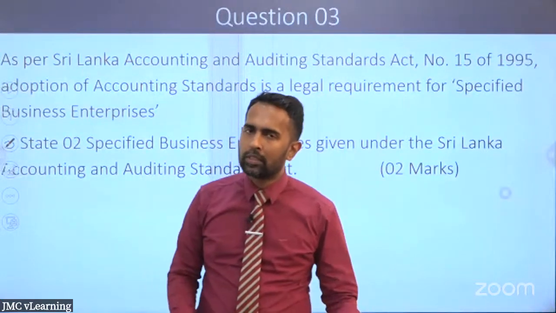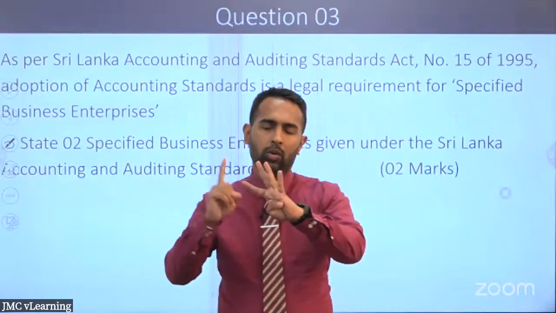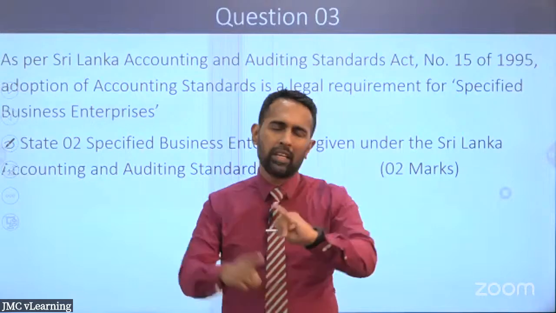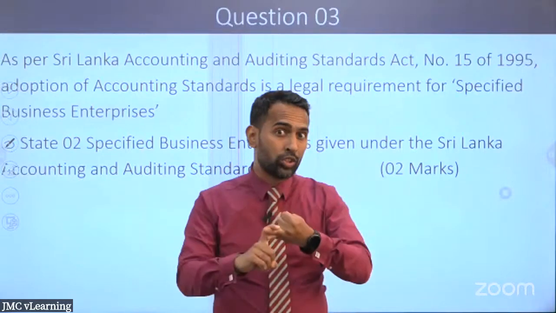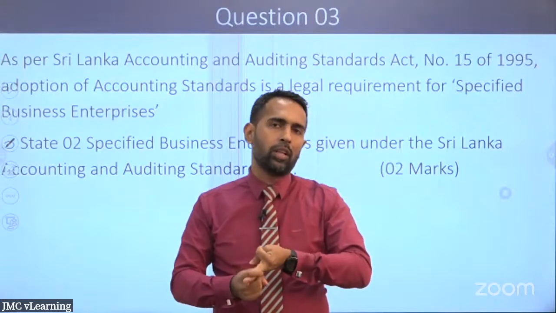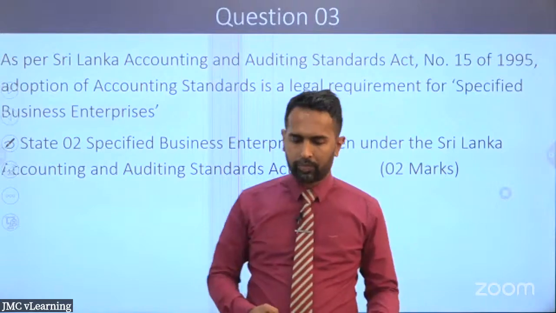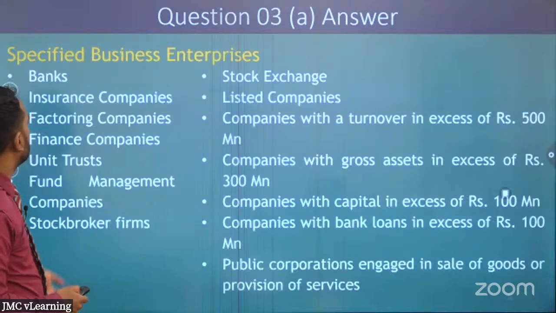What are these specified business enterprises? It includes all the public listed companies, all the banks, all the insurance companies, all the leasing companies, all the finance companies, stock brokers, stock exchange, any company with more than 1,000 employees, any company with more than 500 million revenue, right? So we have a set of criteria.